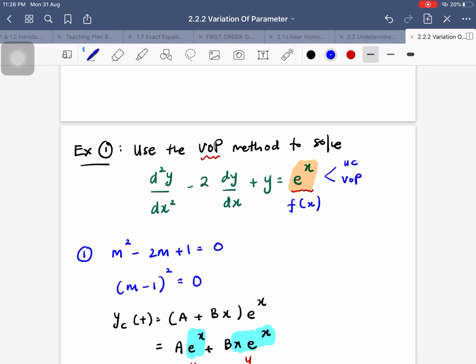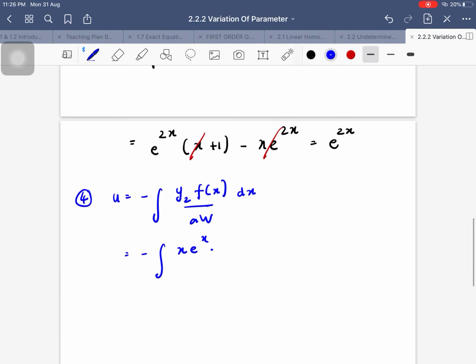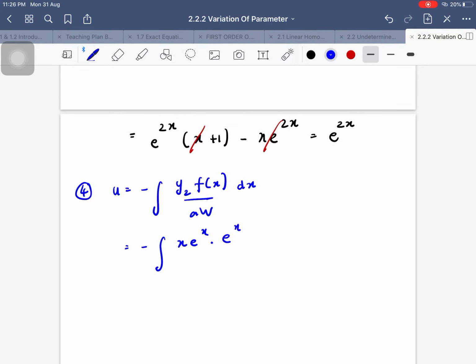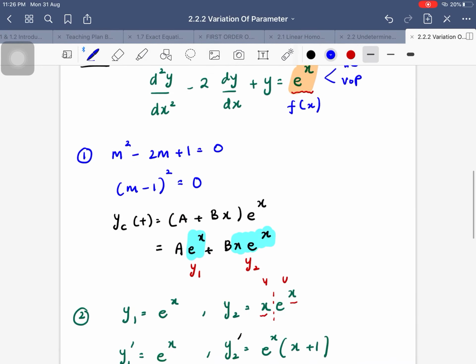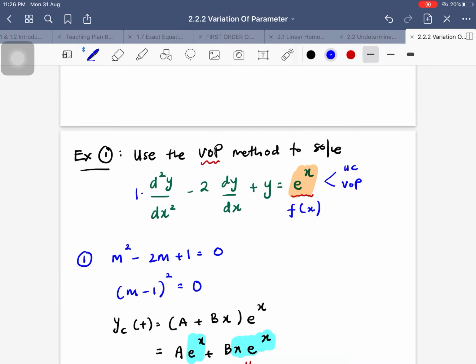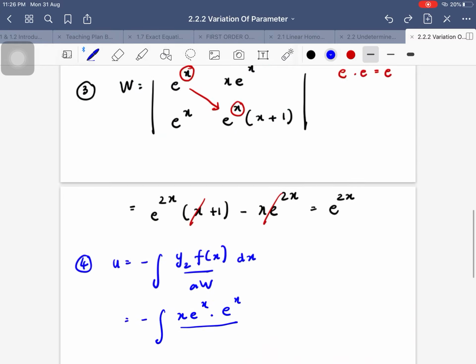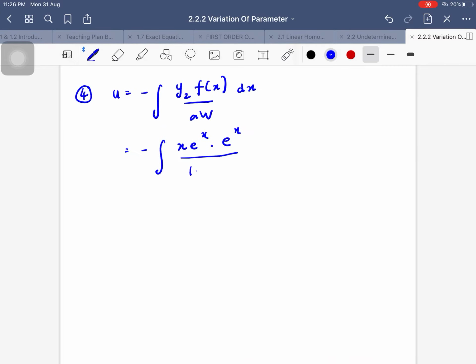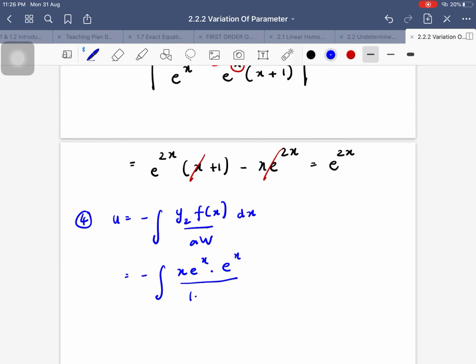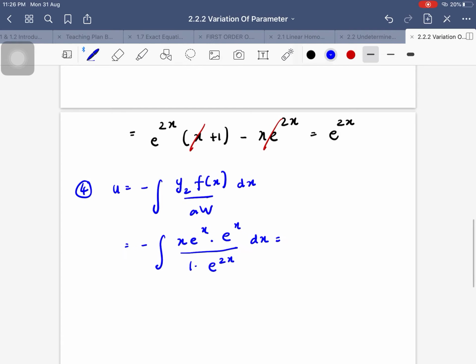So this is my function f of x, and that is given by exponential of x. And what is my a value? A is going to be the coefficient of the second derivative. For this case, my a value is going to equal 1. Okay, so here I'm going to have 1 and the Wronskian from our calculation, that is going to equal exponential of 2x dx. Now let's simplify this.